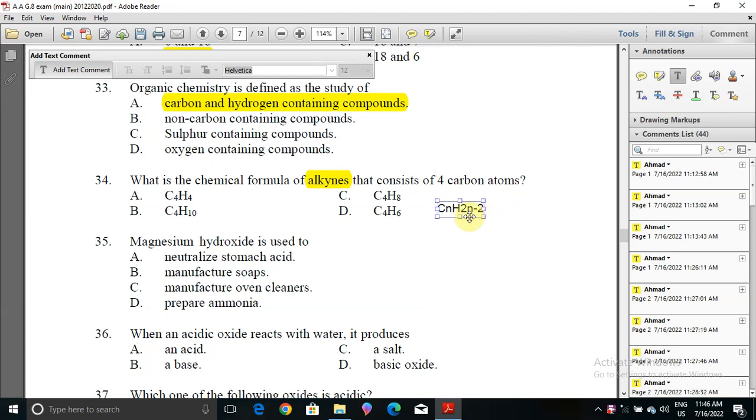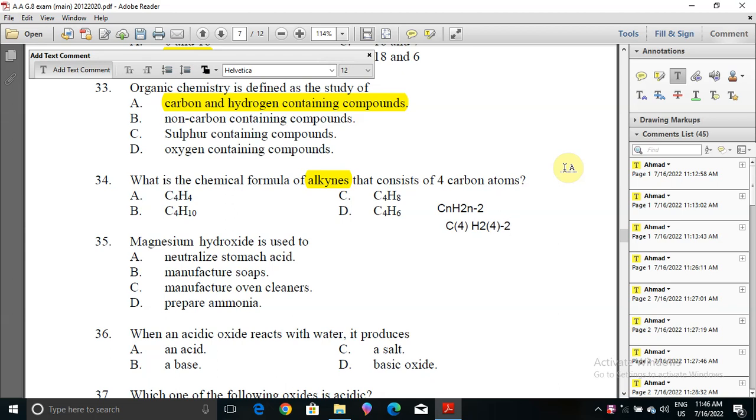Okay, now what we'll do here, we have in place of n the number of carbon atoms, it is 4. So that means C times 4 and H, which we already have 2 times 4, then minus 2.